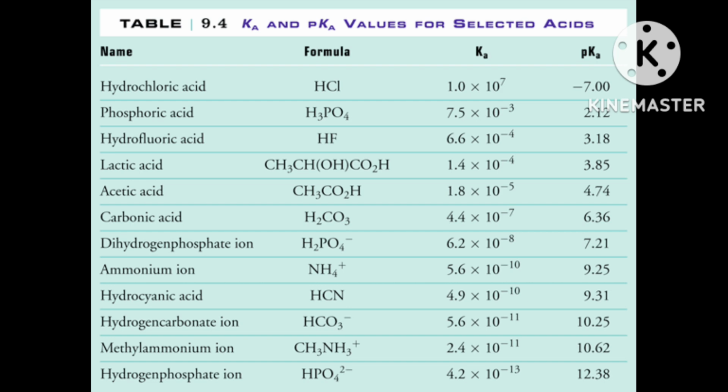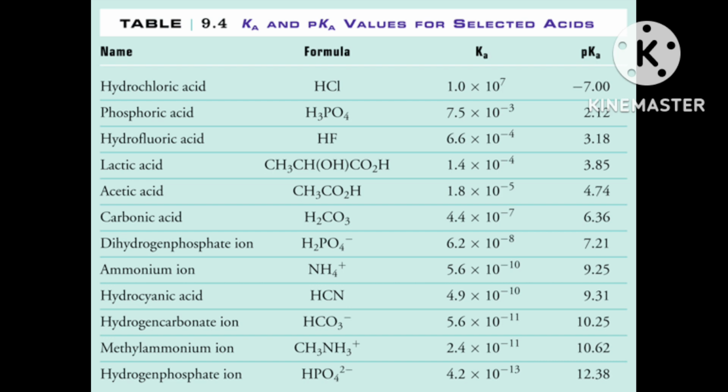Then total H3O⁺ concentration, or total H⁺ concentration, is equal to 10 to the power minus 8 plus x. Now you know Kw is equal to H⁺ concentration into OH⁻ concentration. The H⁺ concentration now became 10 to the power minus 8 plus x, and the OH⁻ concentration is x.